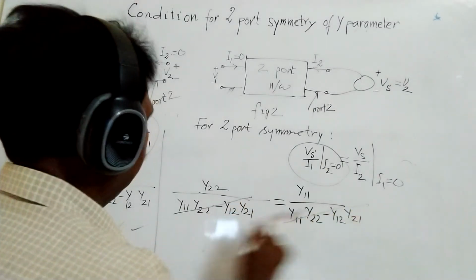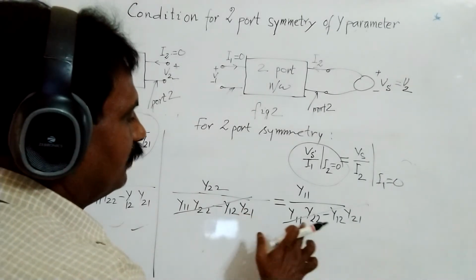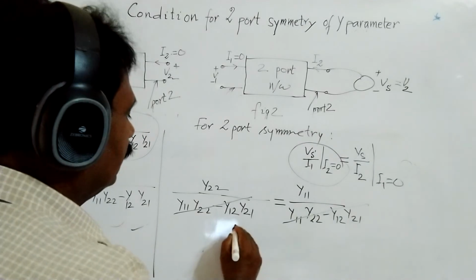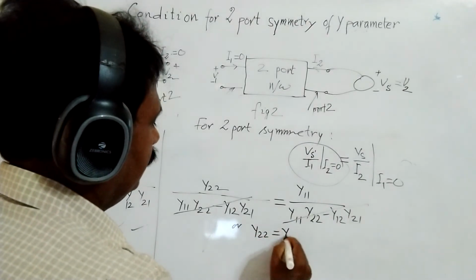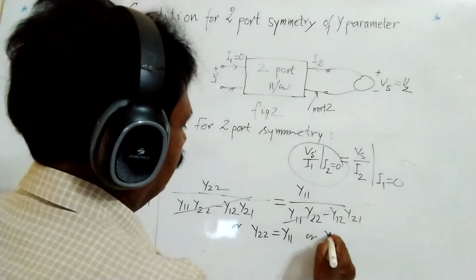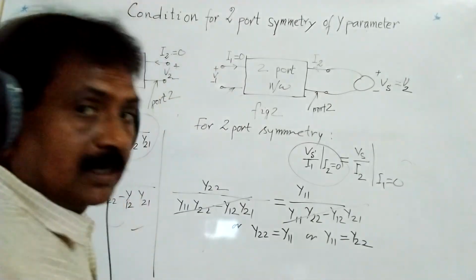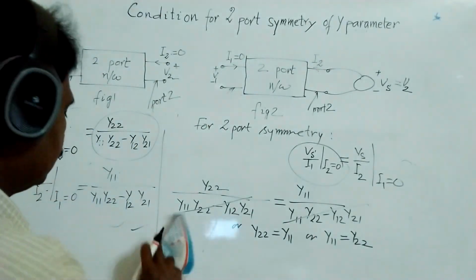These are the same value, y11 y22 minus y12 y21. Then cancelling this, we get y22 equal to y11, or y11 equal to y22. This is the condition for two-port symmetry.